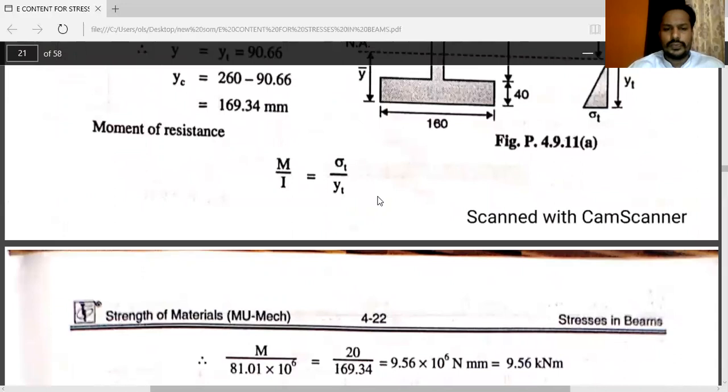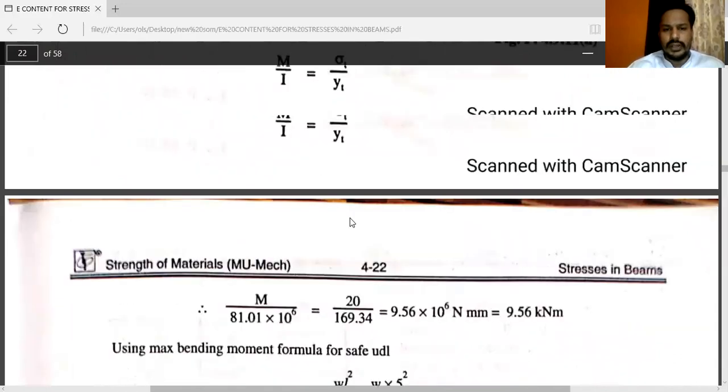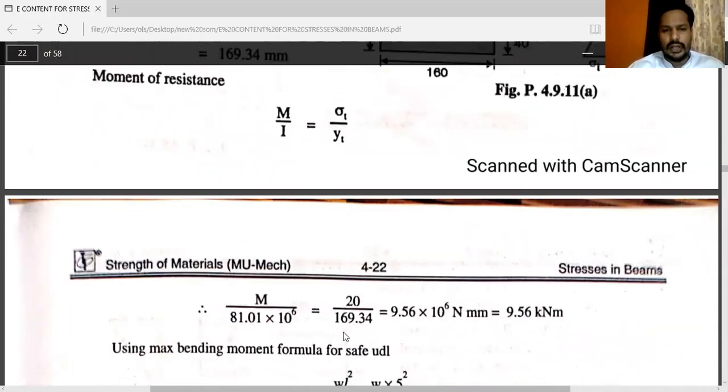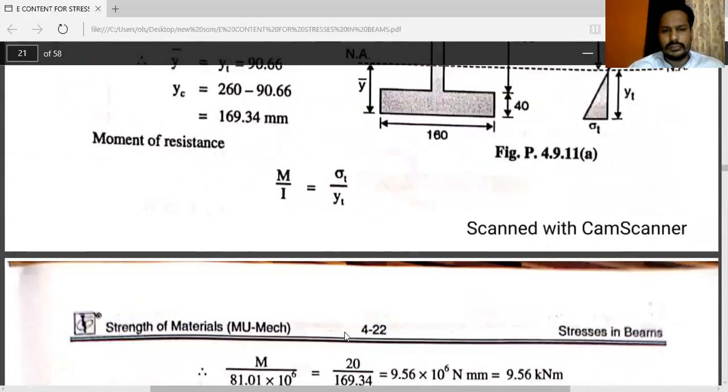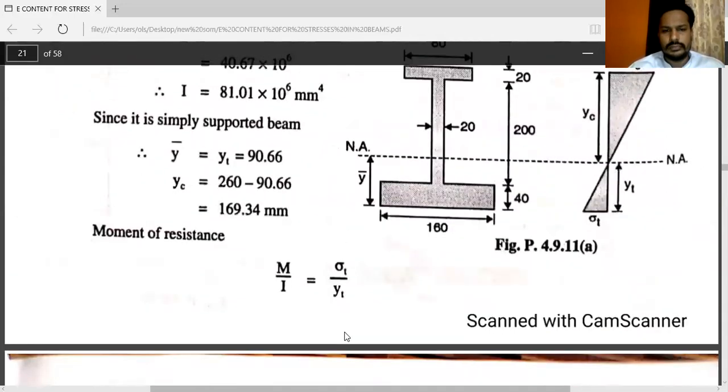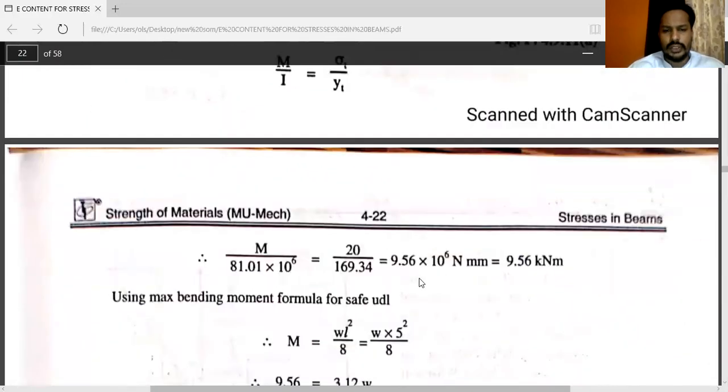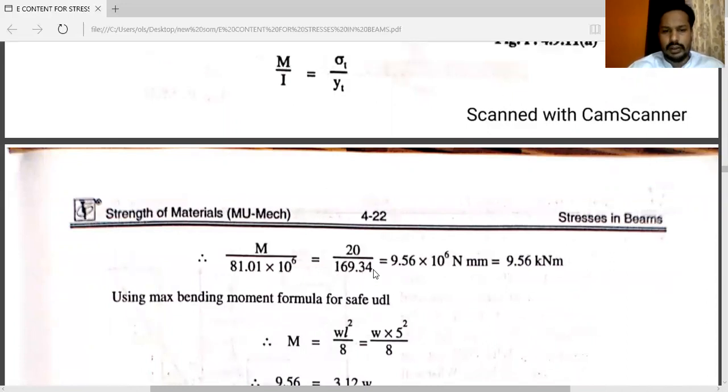YT we have already calculated. After putting the values here, please do the necessary correction. Here you have to put the value of YT. After putting it, you will get the moment of resistance M in kilonewton meter.